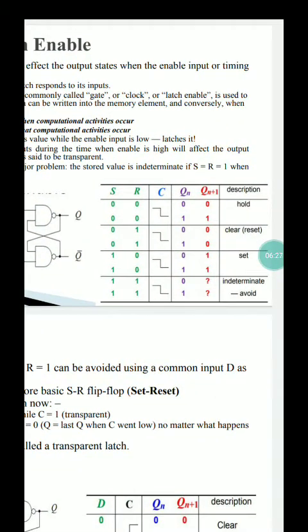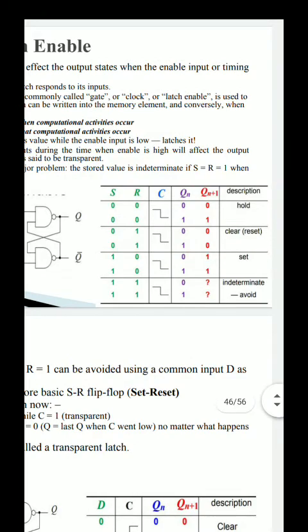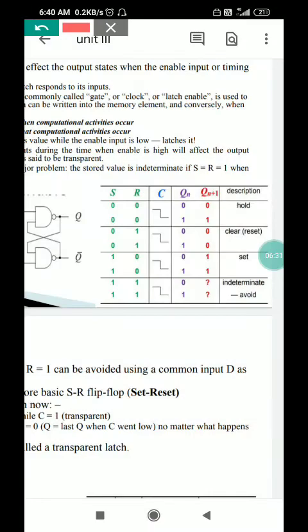SR latch with enable signal can be explained with the help of this truth table. We have two columns, S and R. S stands for set, R stands for reset, and C stands for clock. All clocks are shown like a falling edge clock. A clock has two parts.